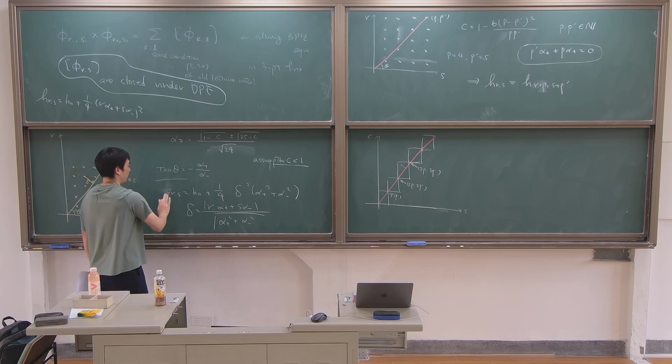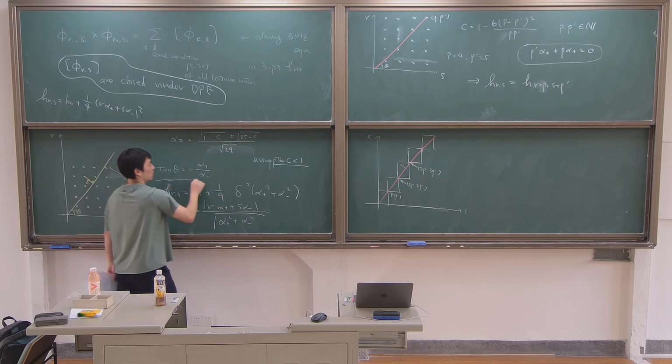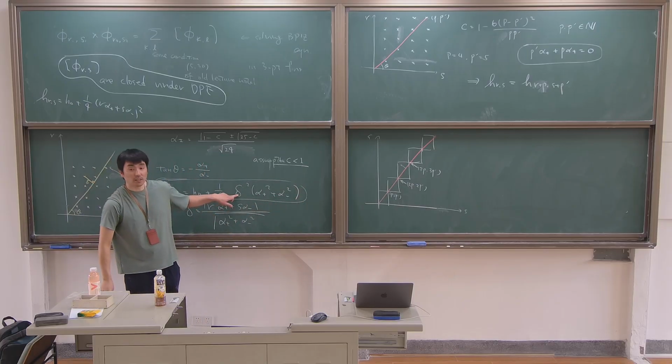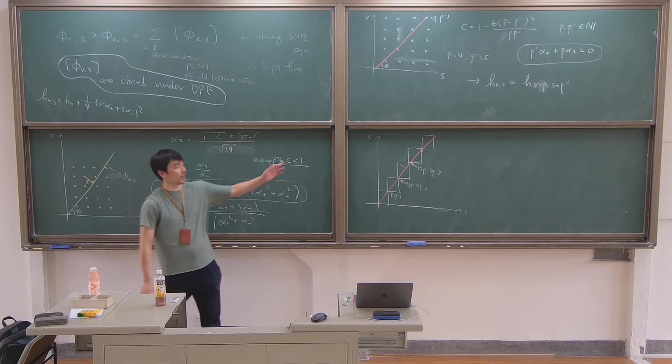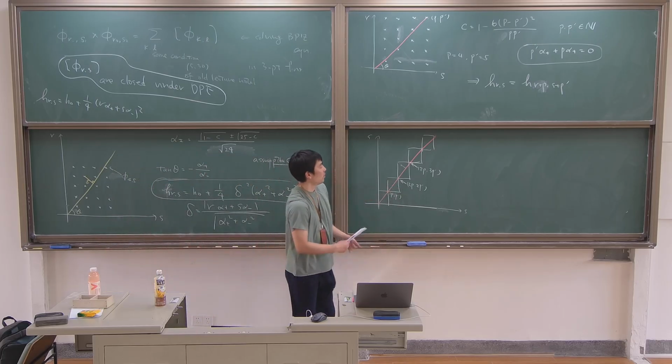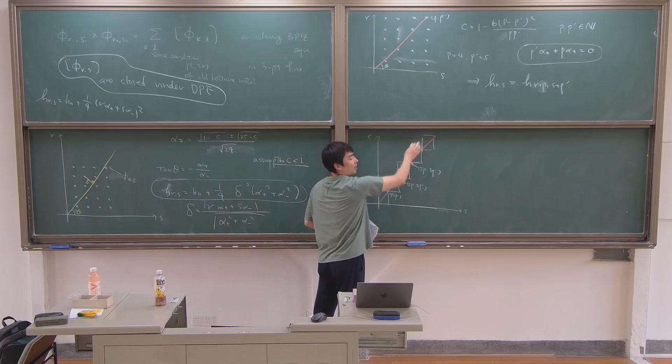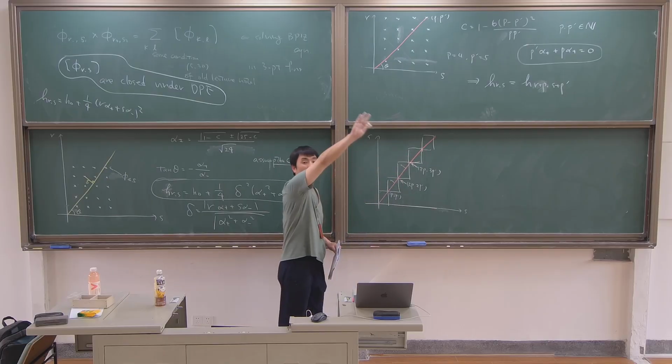Sorry, this is not phi, it is H. It is just the distance between this line and the lattice point, so this distance is the same as this distance. The pattern repeats along this line.